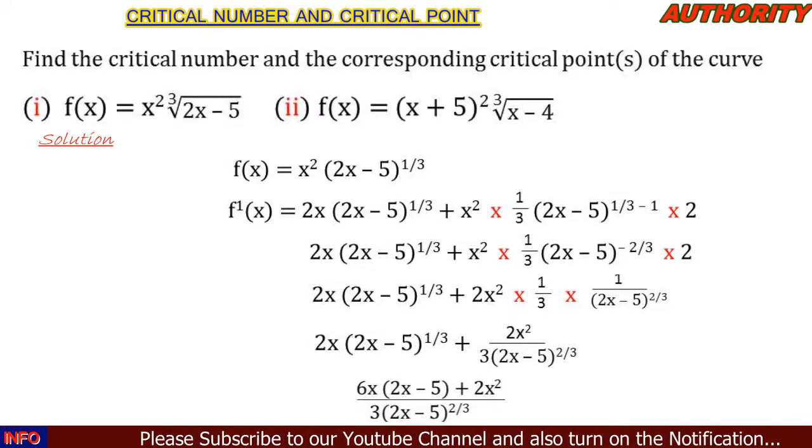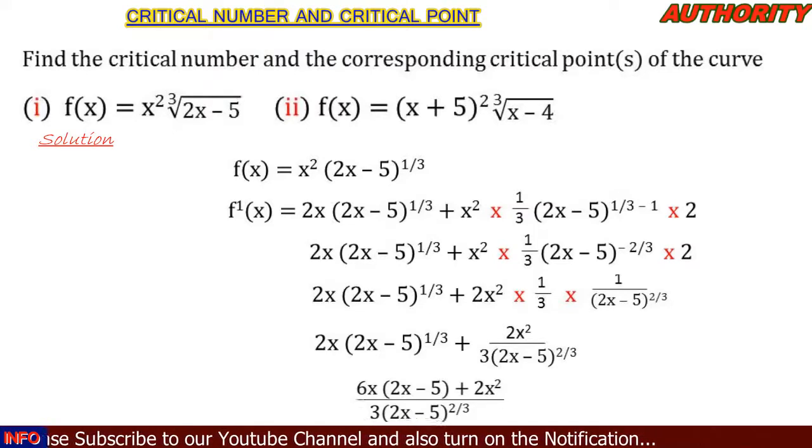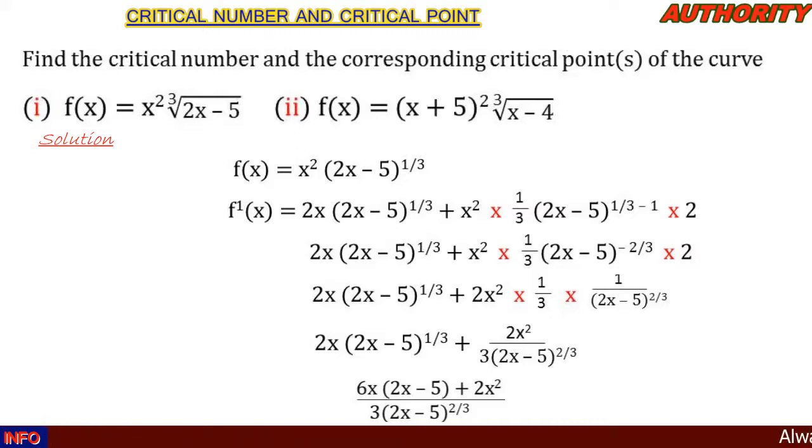You may ask how did we get this 6x? We have a LCM to be 3 (2x minus 5) raised to power 2 all over 3. Now divided by 1 is going to give us the same thing. So multiply by the numerator in the left hand side. You can simply just take the 3 multiply by 2x. It's going to give us the 6x.